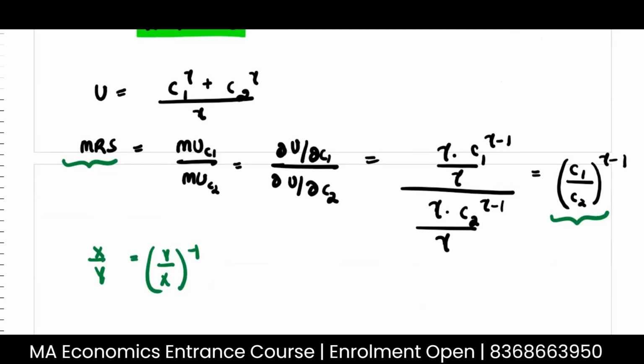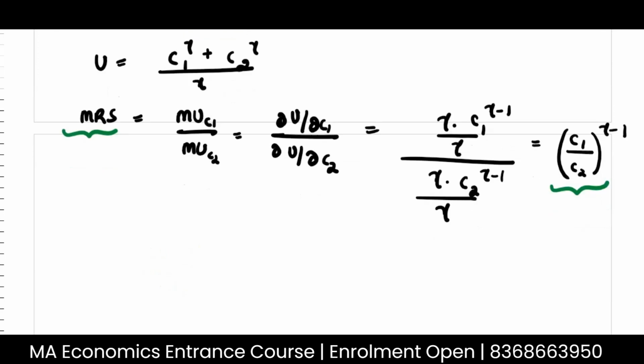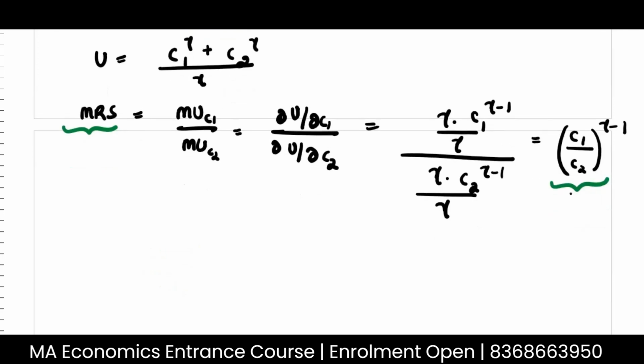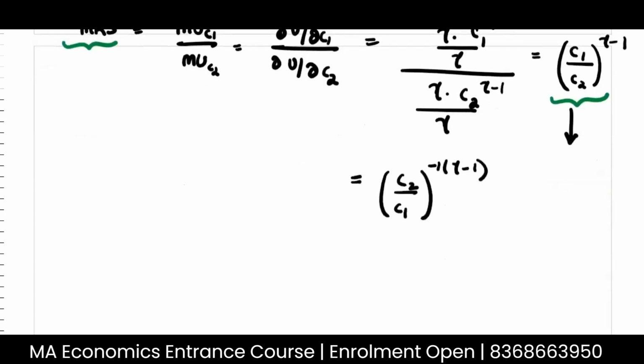So this is exactly what I'm going to do. Let me say that this is equal to C2 by C1 and switch the power with minus 1. So into minus 1 gamma minus 1. So this will be C2 by C1 to the power 1 minus gamma. This will be MRS.